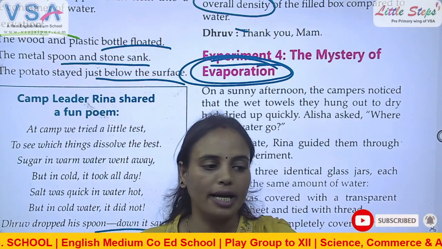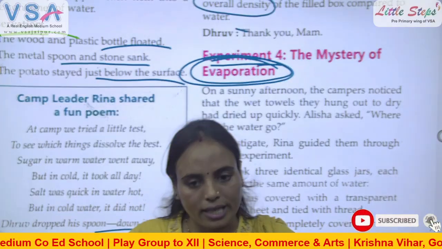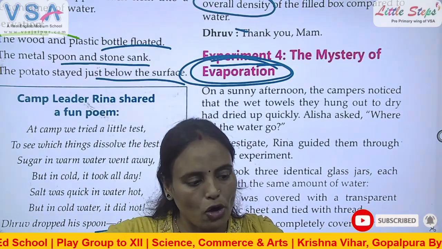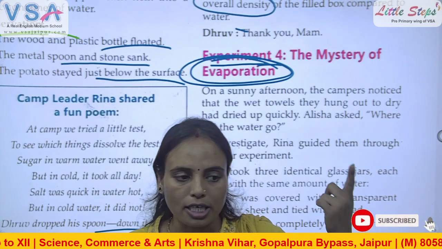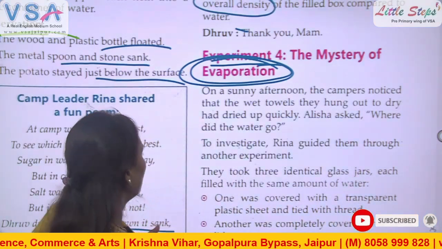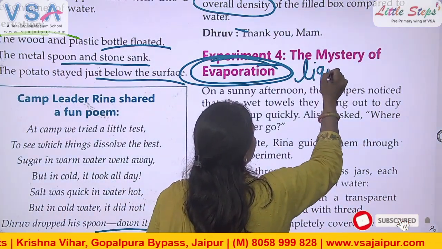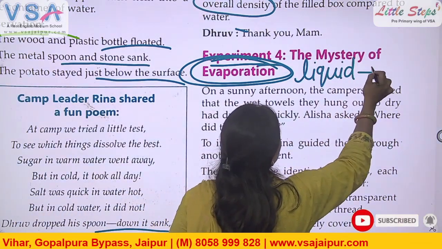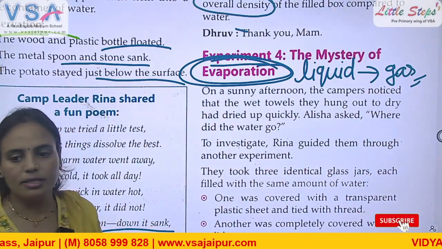How is it made? When liquid changes into gas, this process is called evaporation. What is evaporation? When liquid changes into gas, this is called evaporation.